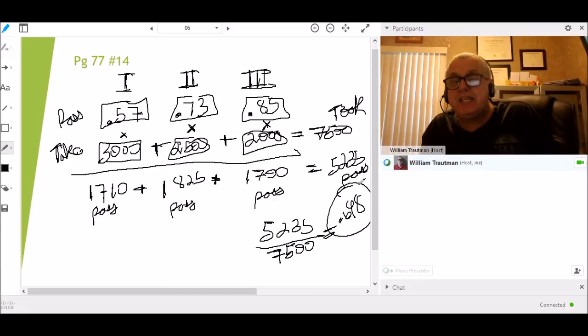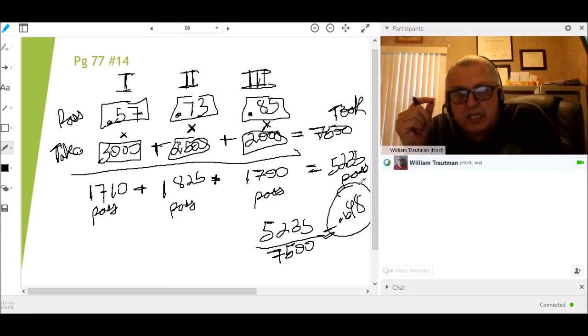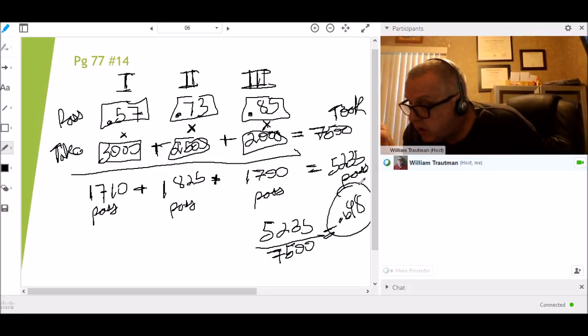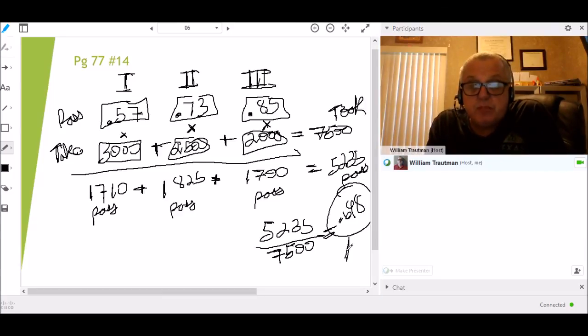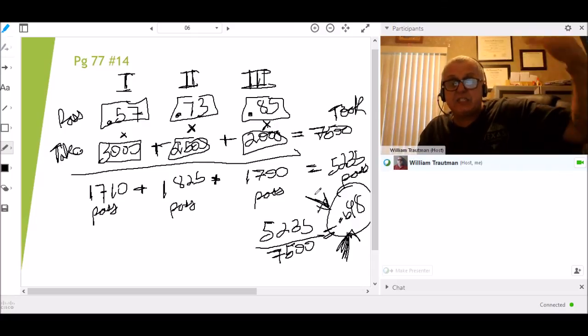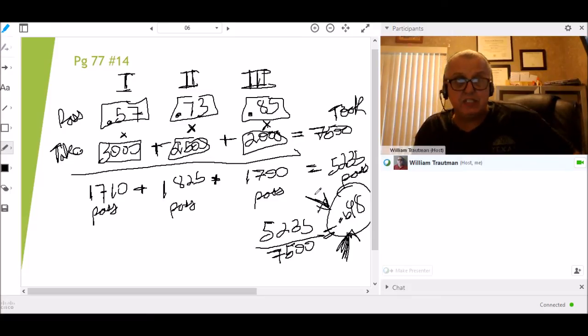Almost 70%, a 69.8% chance of passing the test. The question is, what is the probability that he or she passed the test? It was 0.698. That is our answer: the total people who passed the test divided by the total people who took the test.